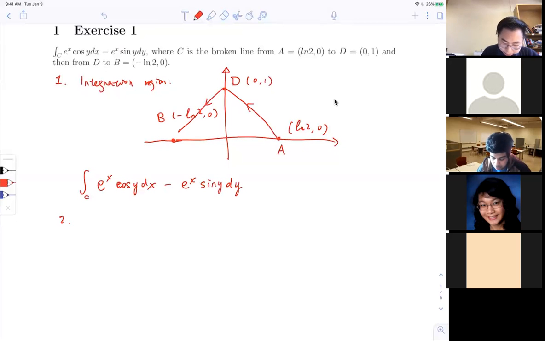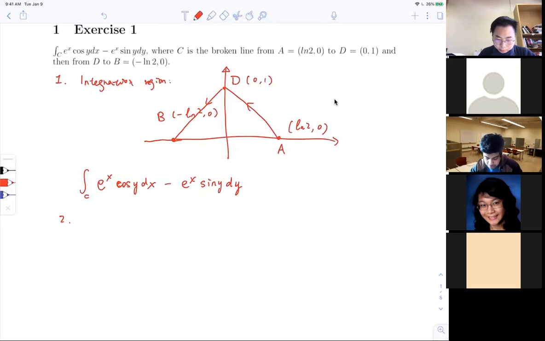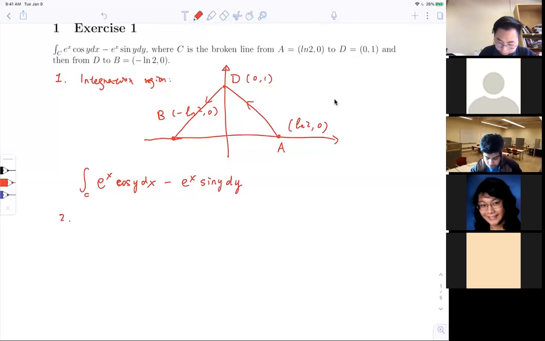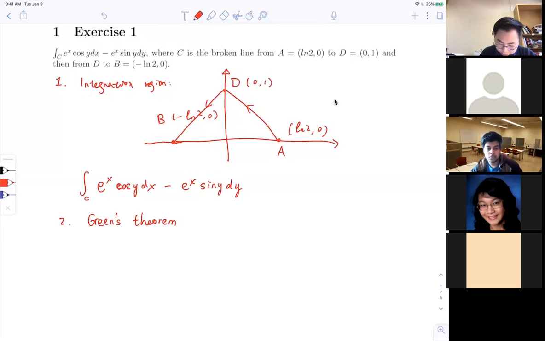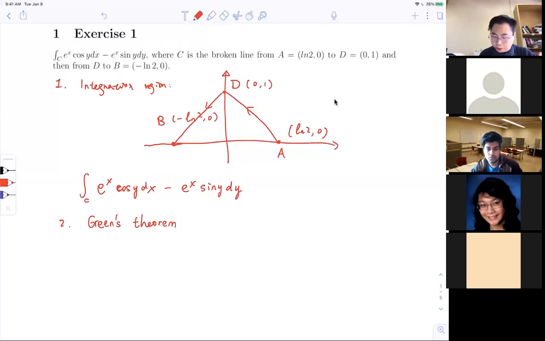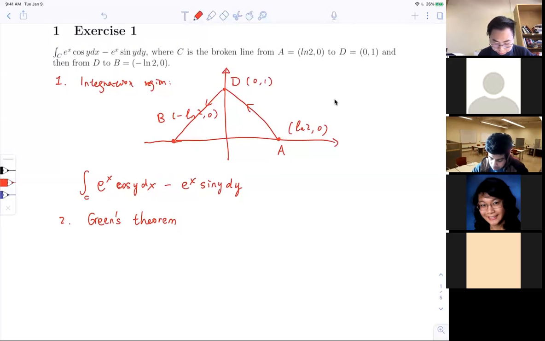The second step is to determine which theorem we need to use. In this case, we can apply Green's theorem or Stokes theorem, whatever. Because here it's a 2-dimensional version, we can just say it's Green's theorem.